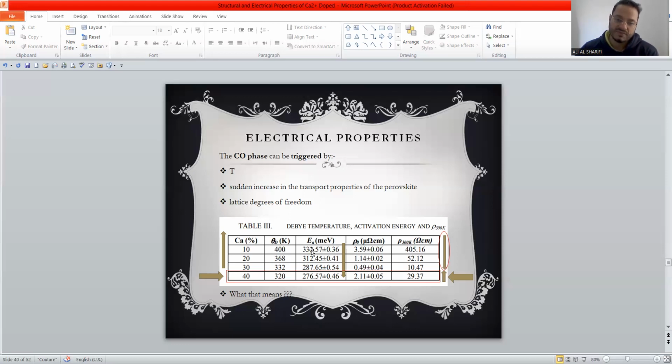Here at activation energy, all of these results will increase from 332 until 276.57.